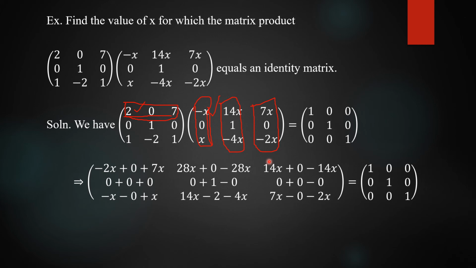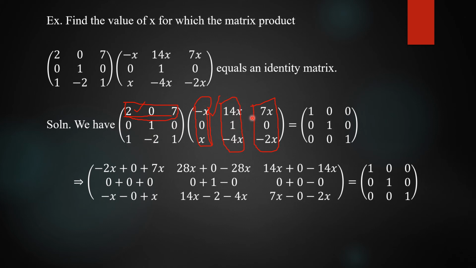Repeat the same process with the second row, 0 1 0. This time the second row is multiplied here, here and here. So 0 into minus x is 0, 1 into 0 is 0, then 0 into x is again 0. Then with this row, this time multiply here.